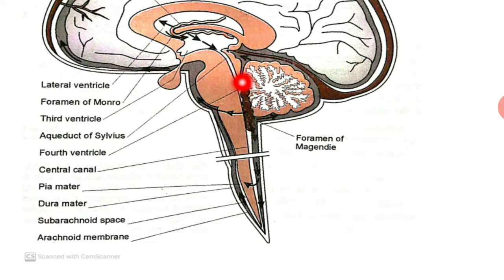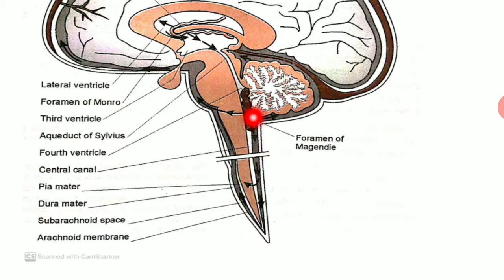Now from the fourth ventricle some CSF passes into the central canal of the spinal cord, and most of the CSF escapes into the subarachnoid space, which surrounds the brain and spinal cord. It is mainly through the median aperture, the foramina of Magendie. The majority of CSF passes through this foramina, and some escapes into the central canal of the spinal cord.